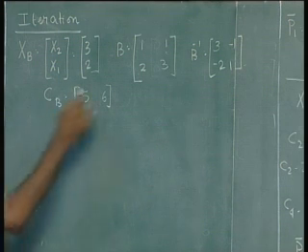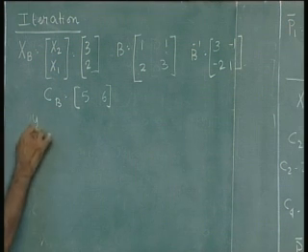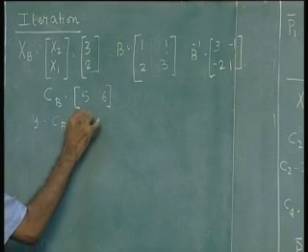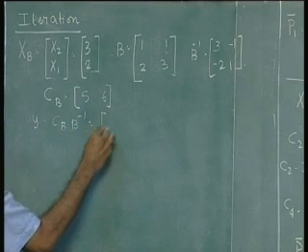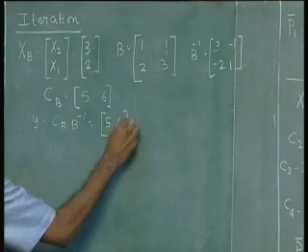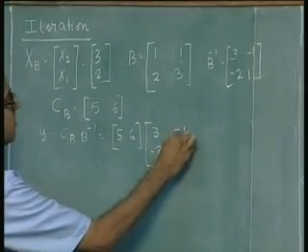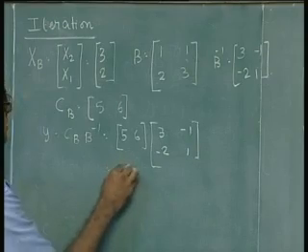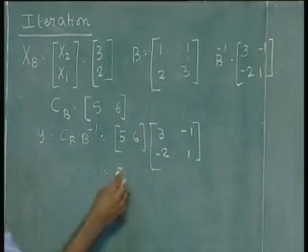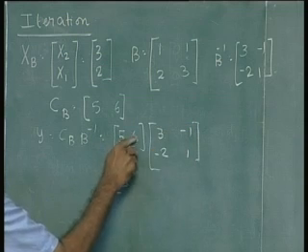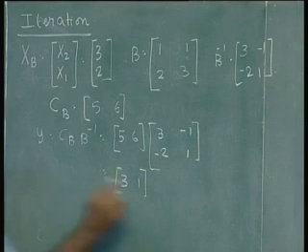Now, we have to find out y such that y equal to CB B inverse, which is 5 6 into 3, minus 2, minus 1, 1, which is 5 into 3, 15, minus 12, 3, 5 into minus 1, minus 5 plus 6, 1. Now, we have found out y.